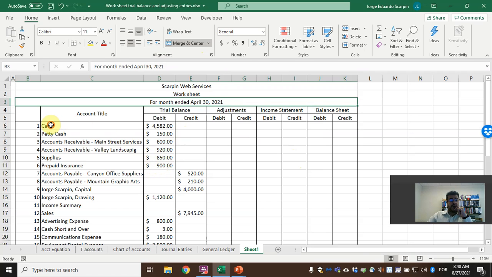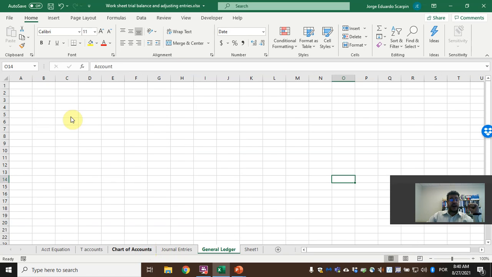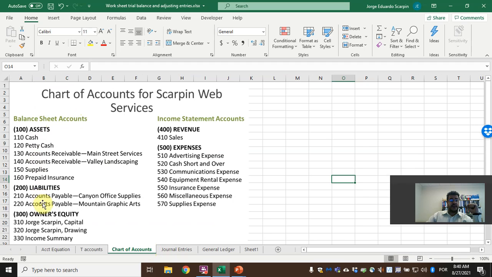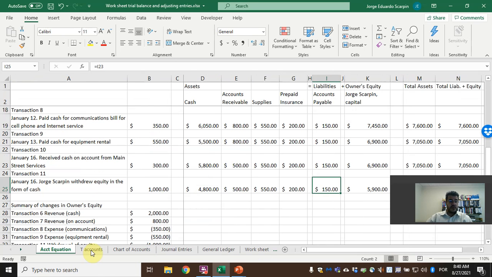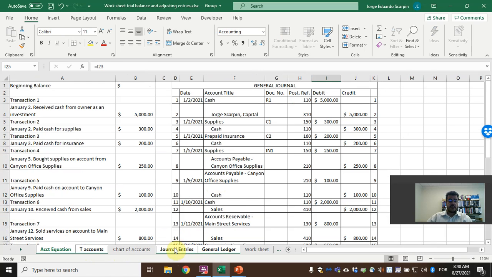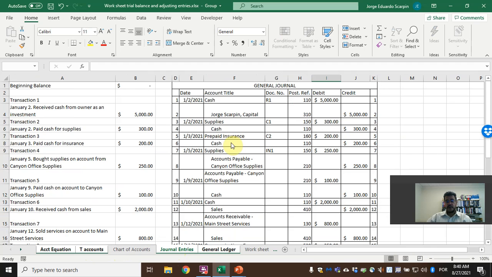And how do we do that? First, we work according to our chart of accounts. First, assets, then liabilities, owner's equity, revenue, expenses. We don't need these other sheets here, so let's delete them.